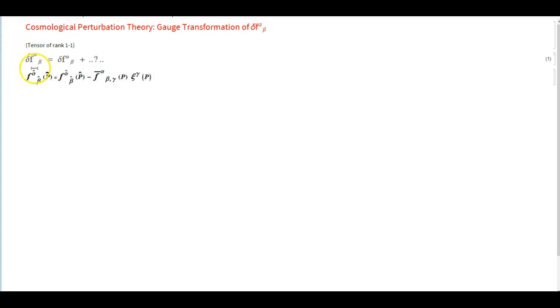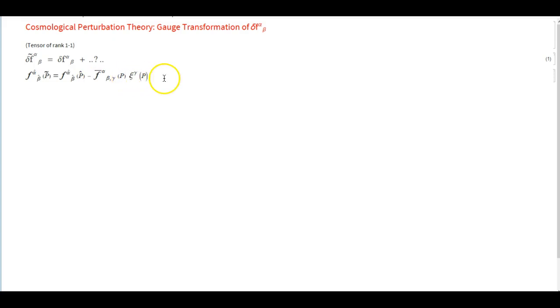So the value at p tilde is equal to the value at p caret minus the partial derivative of the background at gamma multiplied by xi gamma.